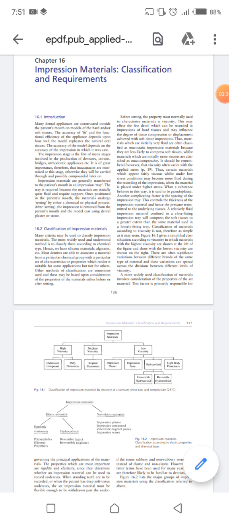The definition of impression material is a negative record of the tissues of the mouth, obviously, and it is used to register or reproduce the form and relationship of teeth and the surroundings. I hope I'm helping you all in your notes basically.